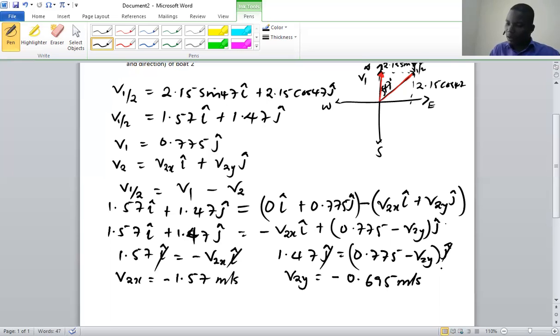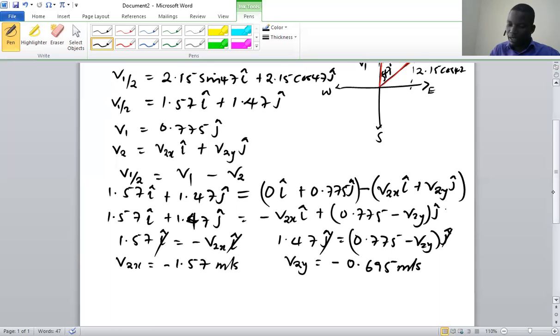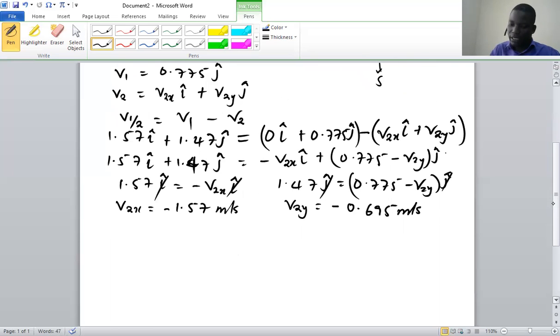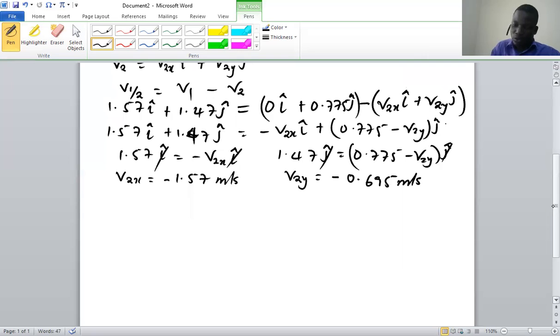So these are the components. From the components, we can calculate the magnitude.